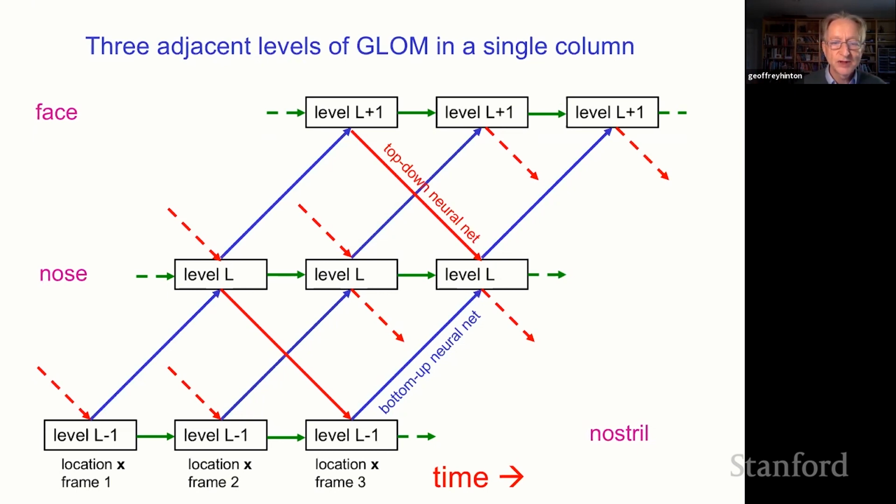So I'm showing you 3 adjacent levels in the hierarchy. And I'm showing you what happens over time. So if you look at the middle level, maybe that's the sort of major part level, and look at that box that says level L, and that's at frame 4, so the right-hand level L box. And let's ask how the state of that box, the state of that embedding is determined. So inside the box, we're going to get an embedding.